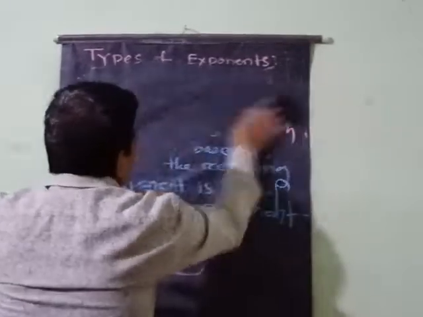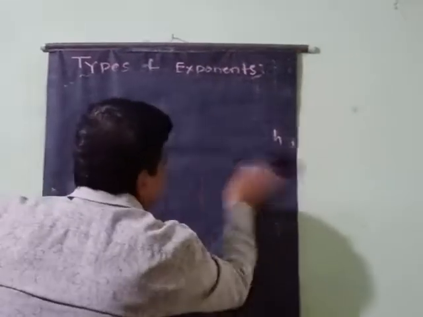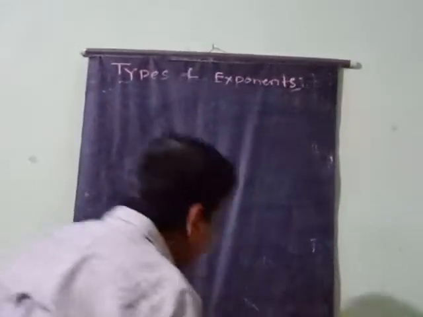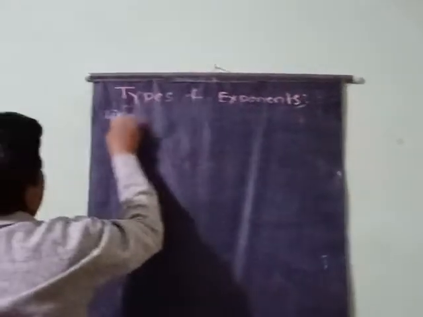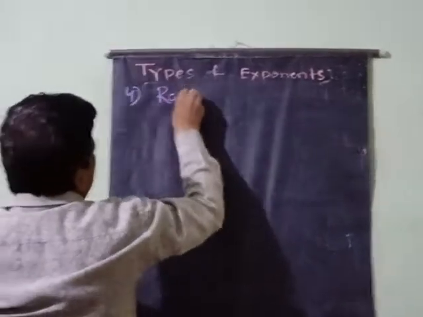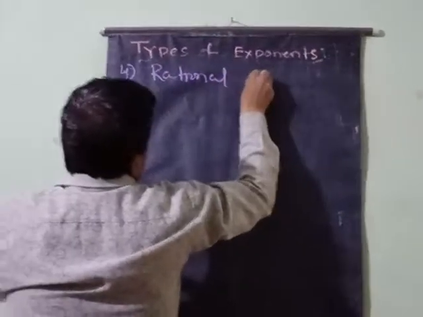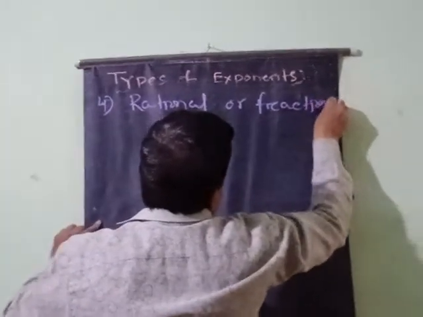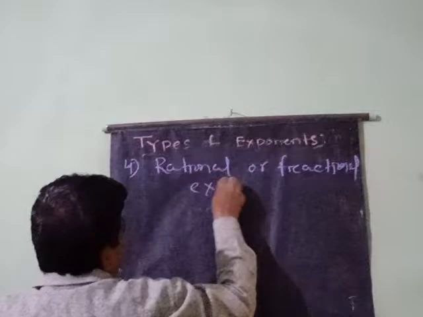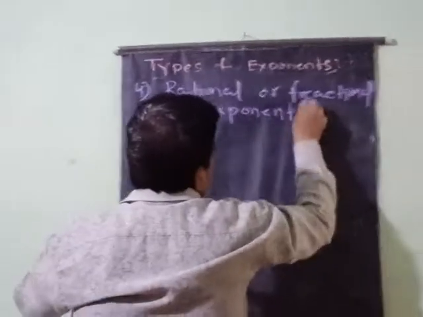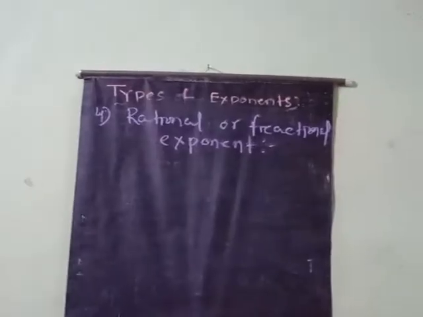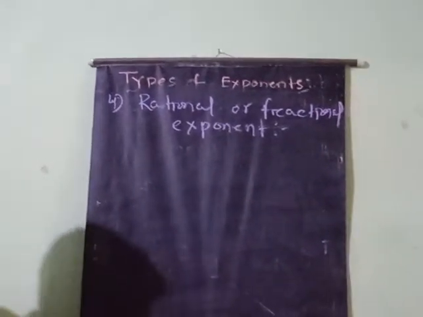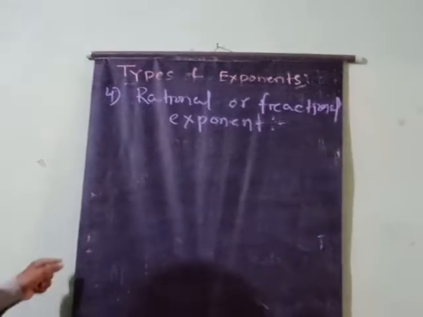Then the last one is the fourth one, the fractional exponent or rational exponent. Understand? It is saying the power of the exponent is a fraction or rational number. Then the resulting exponent is called a what? Rational or fractional exponent.